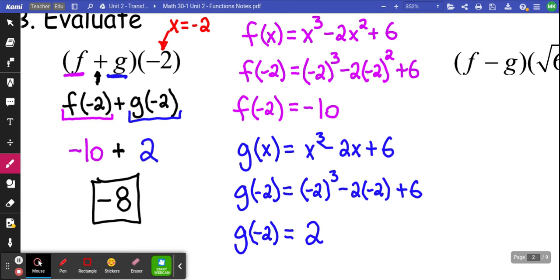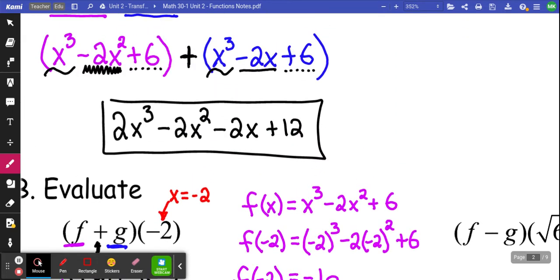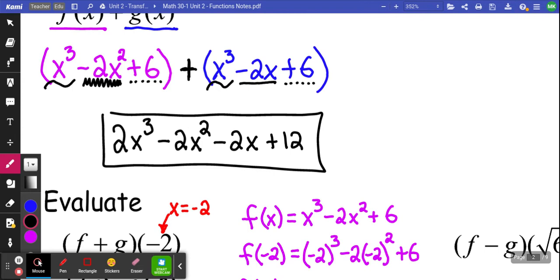You could also just use the equation you found above, right? Yes. So there's a second strategy to this. The second strategy would be to actually add the functions together and then change x to be -2. Now, normally, on a normal question, that's usually the slower process. However, we already calculated up here what f of x plus g of x was.